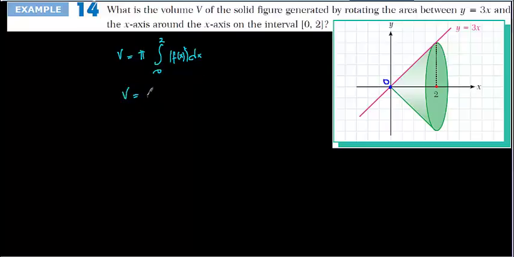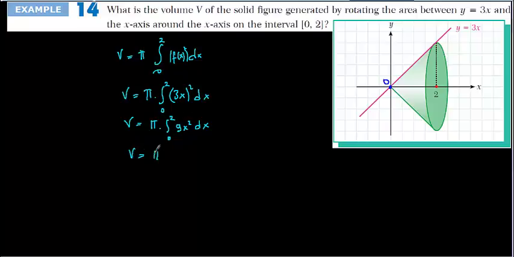And the volume of the figure is equal to pi times the integral from 0 to 2 of f(x) squared, here equal to (3x) squared, dx. So the volume is pi times the integral from 0 to 2 of 9x squared dx. What is the integral of 9x squared?